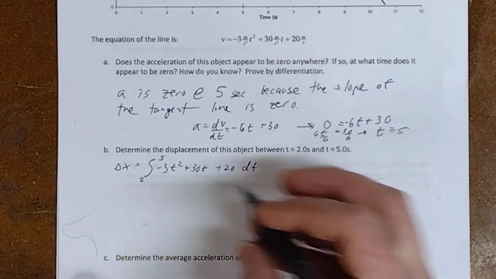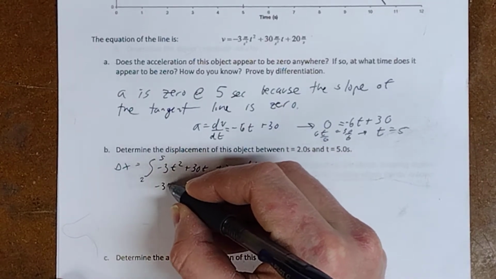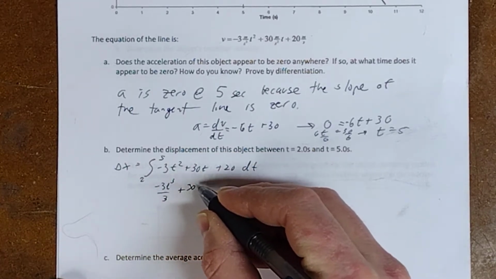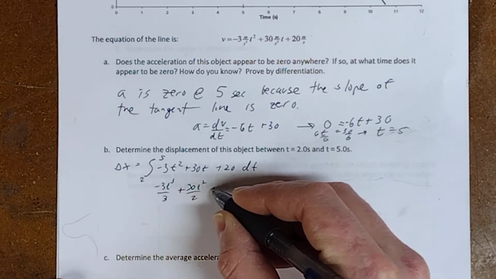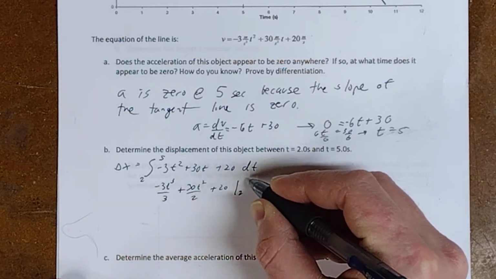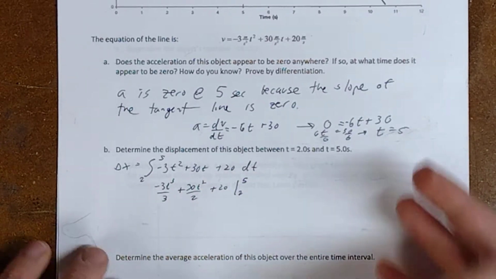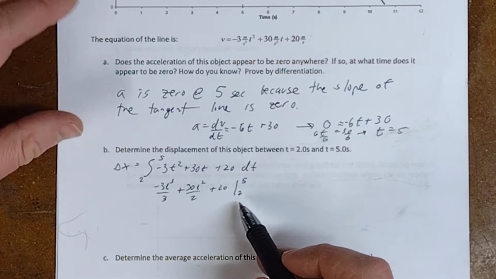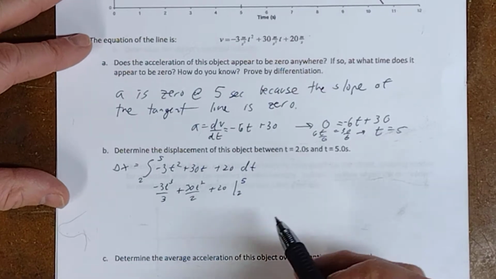So, take the antiderivative first. Negative 3t cubed over 3 plus 30t squared over 2 plus 20t, evaluated from 2 to 5. So now, this is where it gets a little bit different. We've always had 0 for the bottom here. So for this one, it's actually 2 on the bottom.